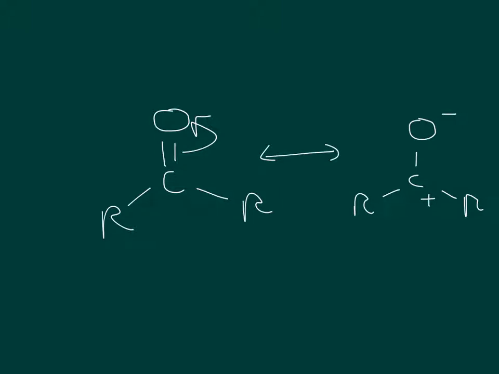We actually know that the C=O bond is polarized, with this carbon being delta positive and this oxygen being delta negative. So it's somewhere in the middle, but both these two structures represent two extremes of that structure.